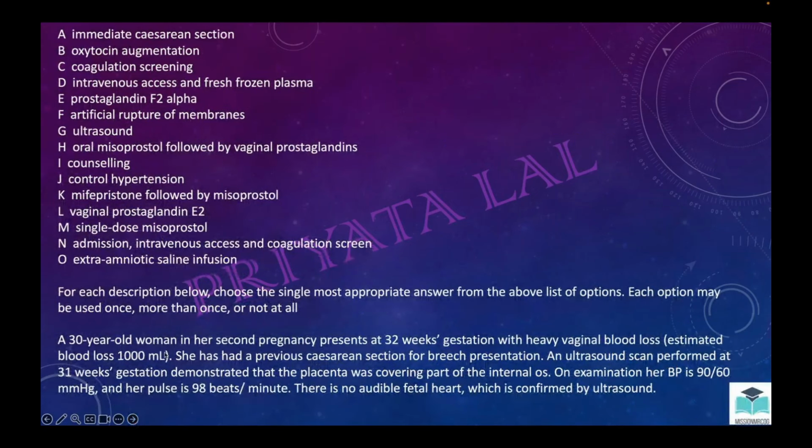Now a 30-year-old woman with heavy blood loss and previous cesarean for breech. USG shows placenta covering the internal os. On examination, blood pressure is 90/70, pulse is 98, and fetal heart is not there. What should be done? How should she be treated?